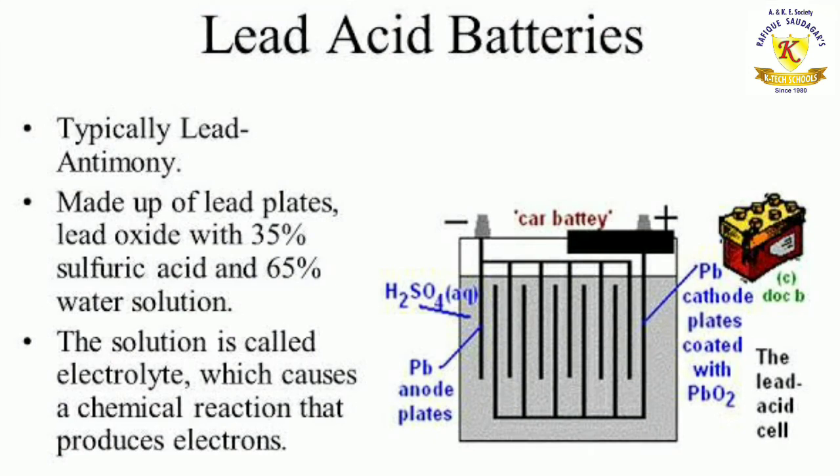Lead acid batteries are made up of lead plates, lead oxide with a 35% sulfuric acid and 65% water solution. The solution is called electrolyte, which causes a chemical reaction that produces electrons.